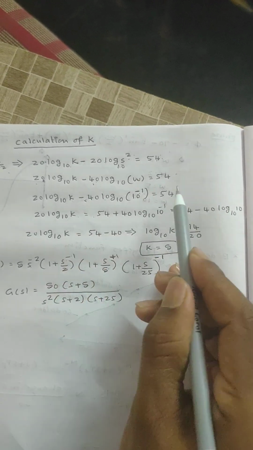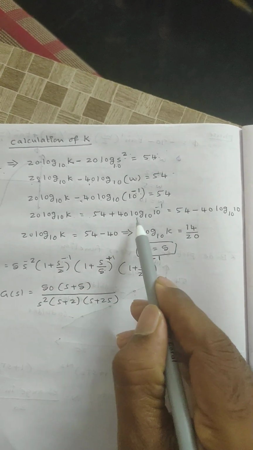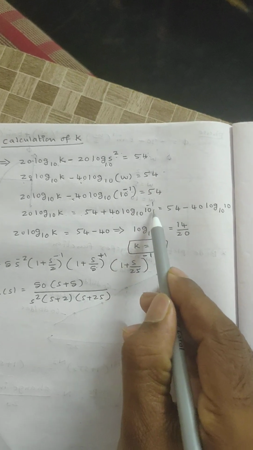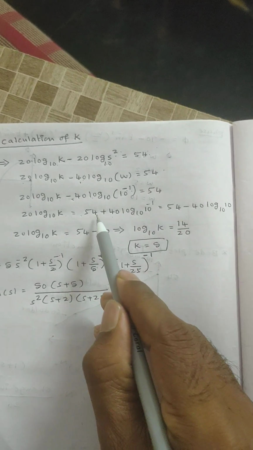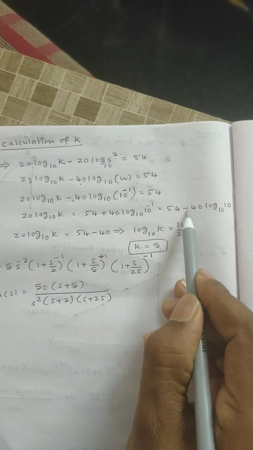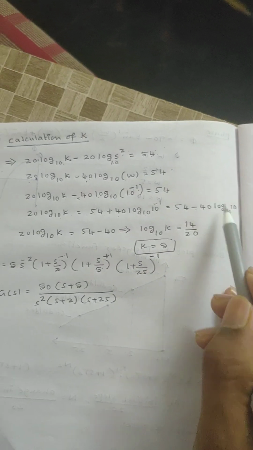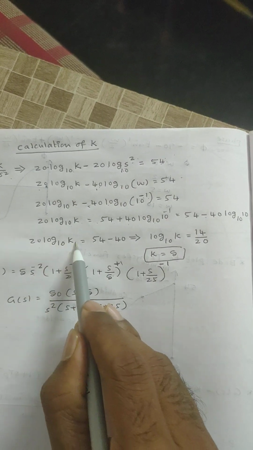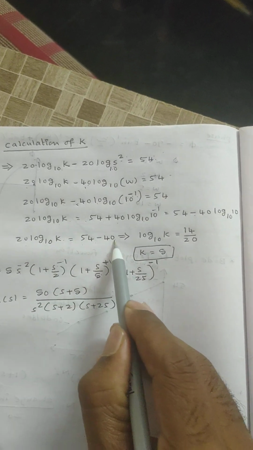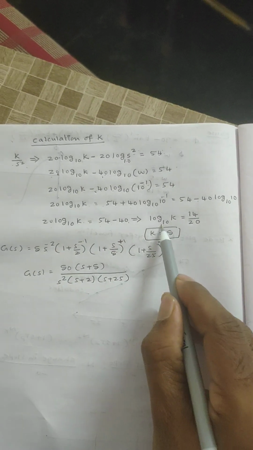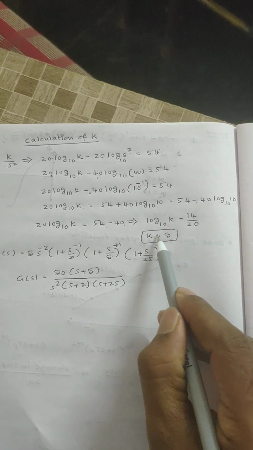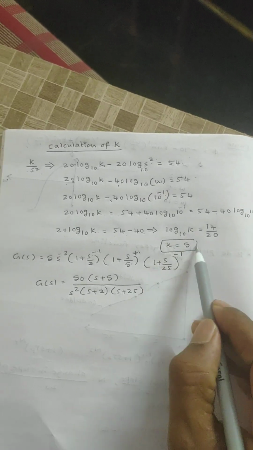I can take this term to the RHS, that is plus 40 log 10 to the power minus 1, and you will get 54 minus 40. That is 20 log base 10 k is equal to 54 minus 40. If I simplify this equation, I will get the k value as 5.